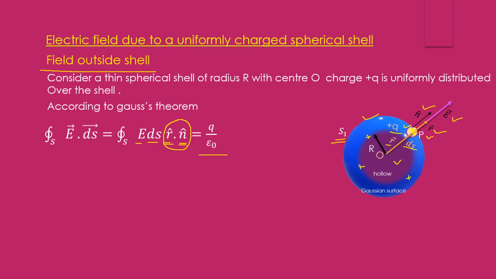Now E is taken out of integration because E is constant. E has the same value over the surface S1. So it is taken outside the integration. There will be integration of ds only. So we can write E into 4 pi r square is equal to Q upon epsilon naught. So E is equal to Q upon 4 pi epsilon naught r square.